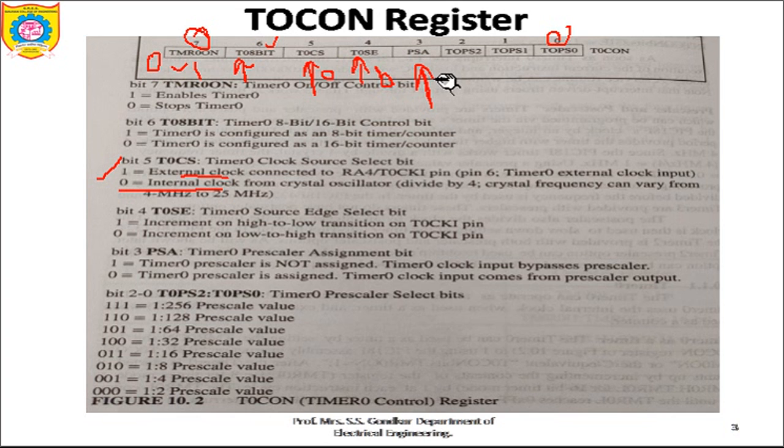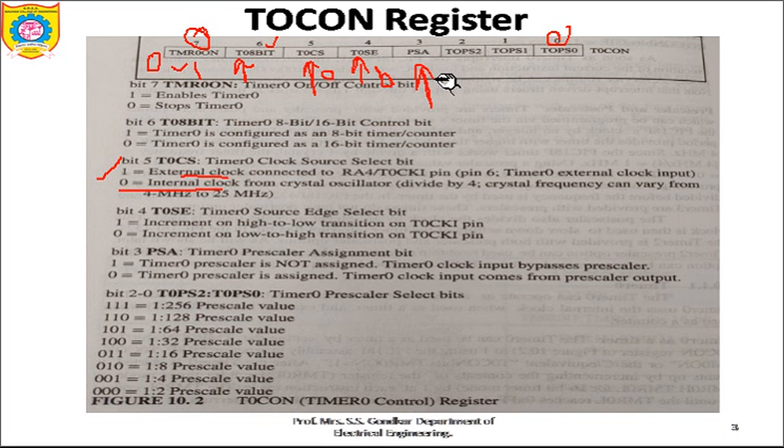What is a postscaler? It divides the clock by an integer after the timer is used. Means you have to utilize the timer first and after that divide the frequency. This is called a postscaler. Pre means before, post means after utilization of the timer.